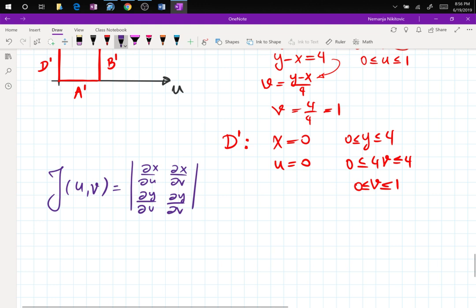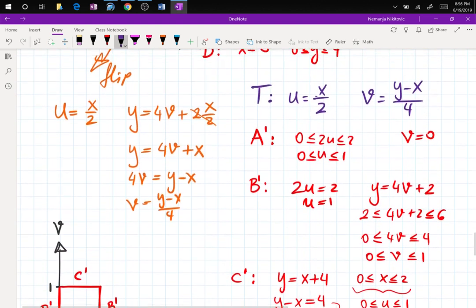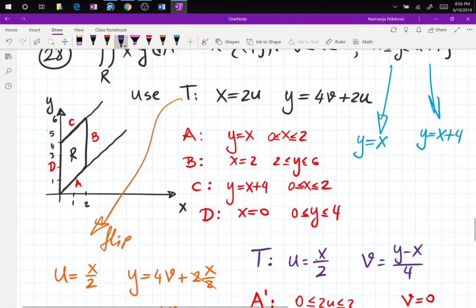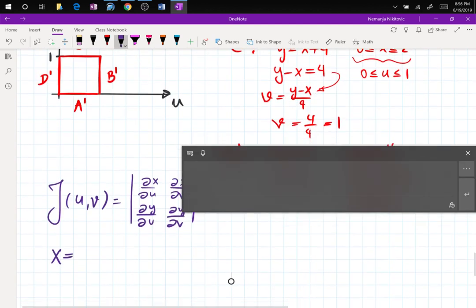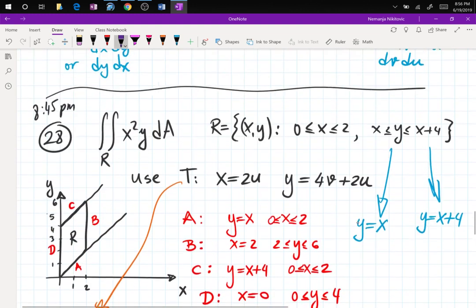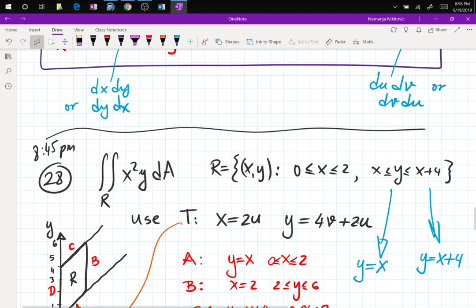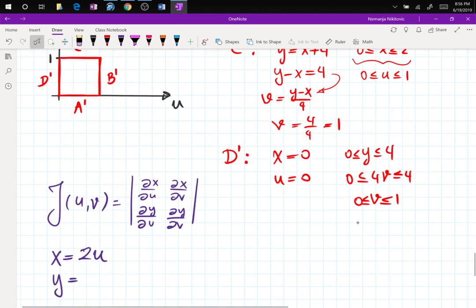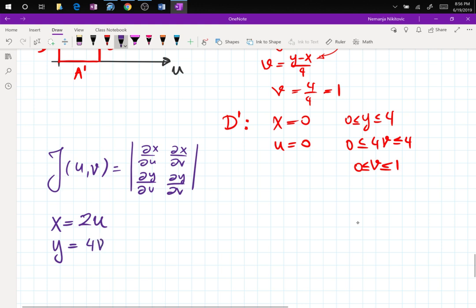We have the formula which says x equals 2u and y equals 4v plus 2u. So all you need to do is to fill this in.